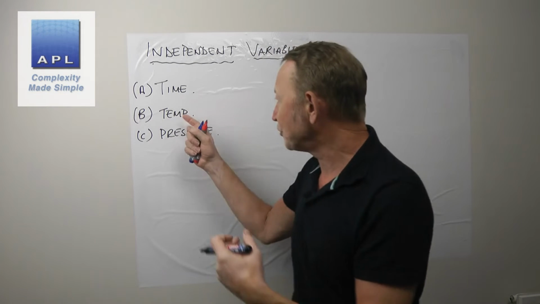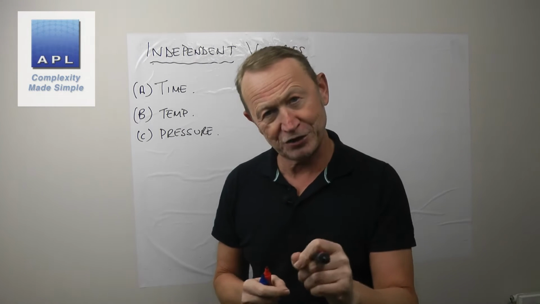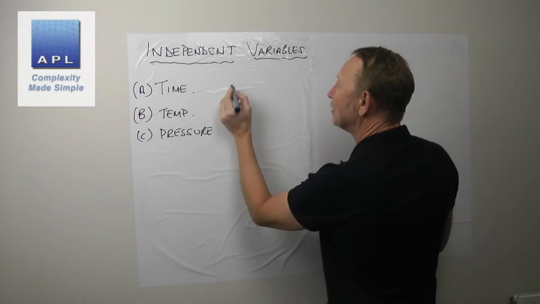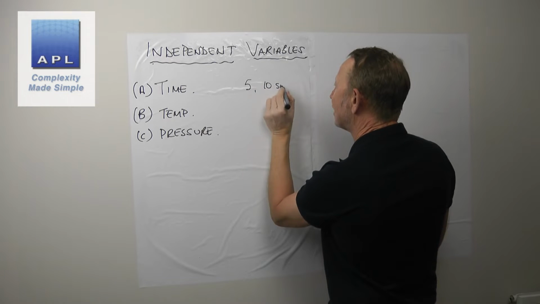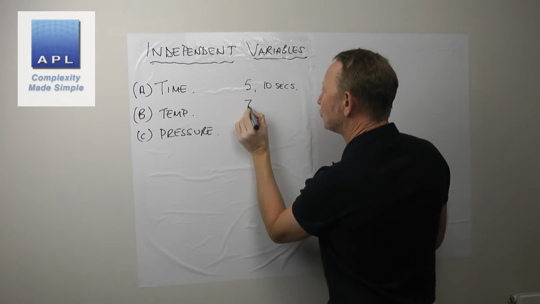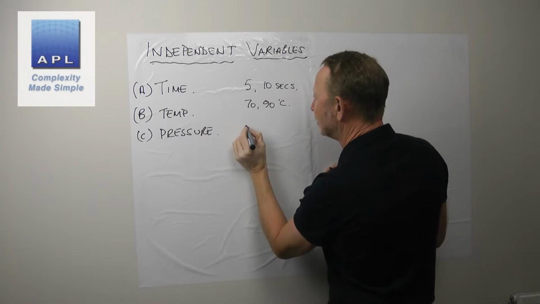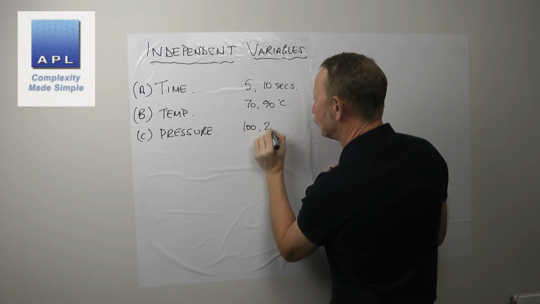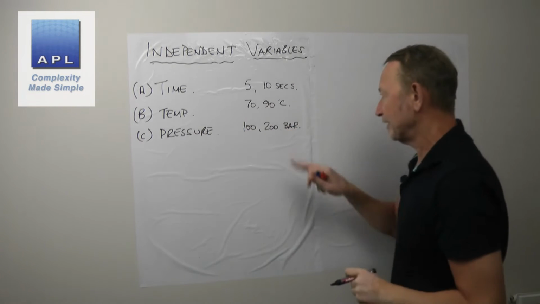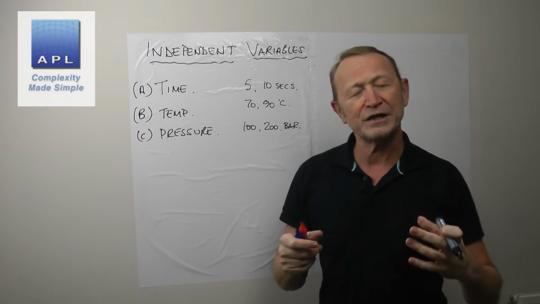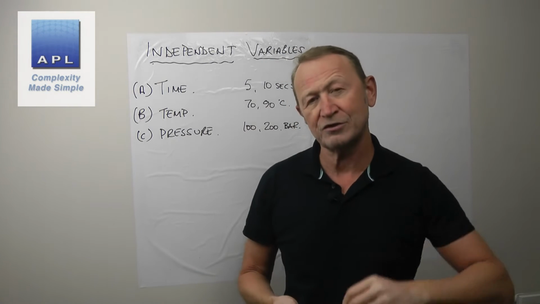The fact that I put the temperature somewhere doesn't force the pressure to be somewhere. So if I said I wanted time between 5 and 10 seconds, temperature to be 70 to 90 degrees centigrade, and pressure to be 100 to 200, we'll say bar in this case, that would be my design space. So that's the design space that I want to interrogate.